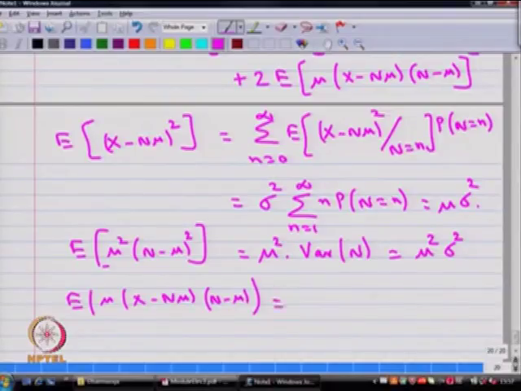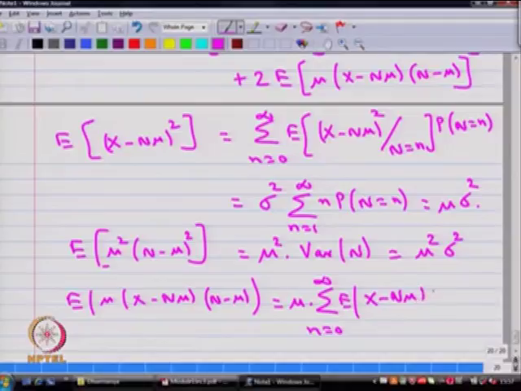Here also one can use the conditional expectation, that is mu times summation n is equal to 0 to infinity expectation of X minus n mu multiplied by n minus mu, conditioned on N takes a value small n, multiplied by probability that N takes a value n.